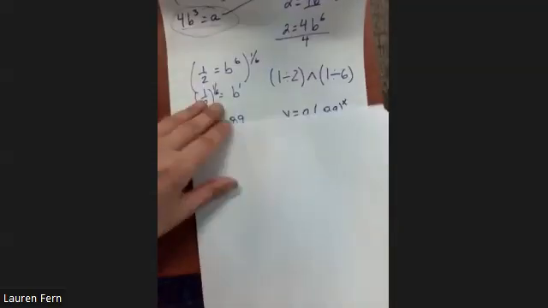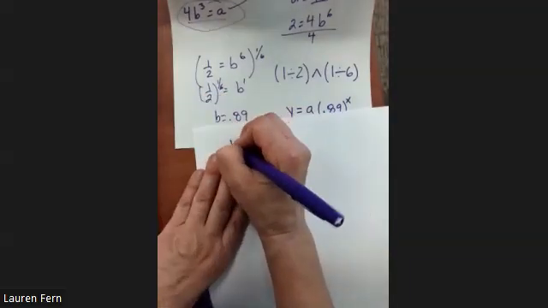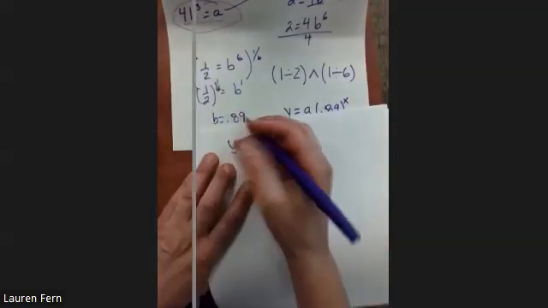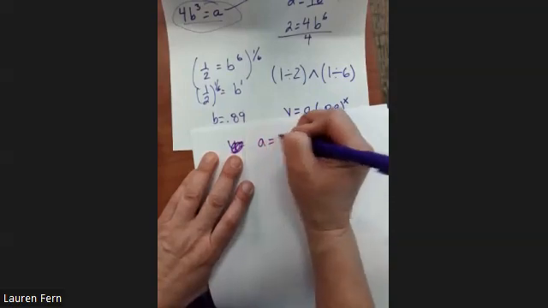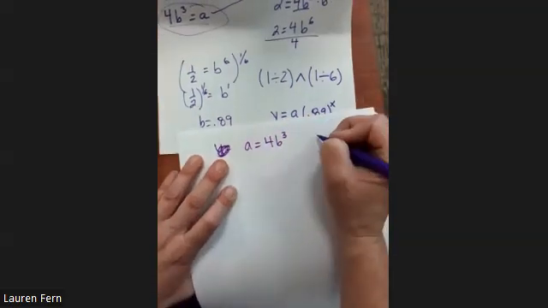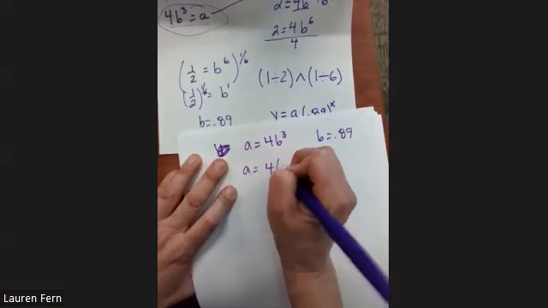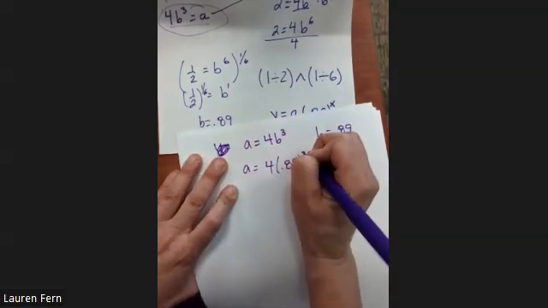You got it. Remember, in number 2, we solved one of those for a. And what we had found was that a was 4b cubed. Well, now we know b is 0.89. So a is 4 times 0.89 cubed.